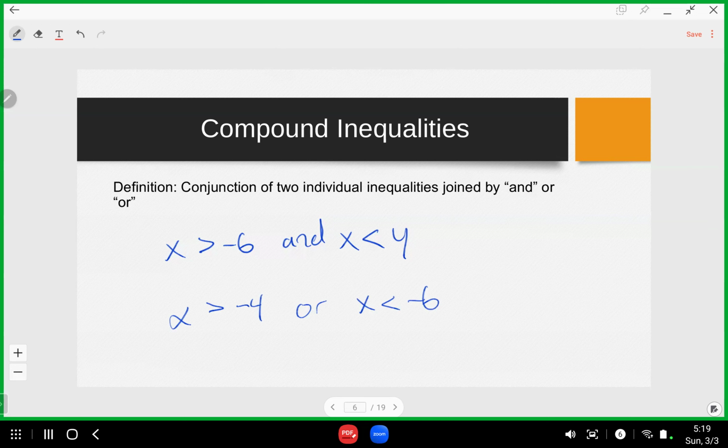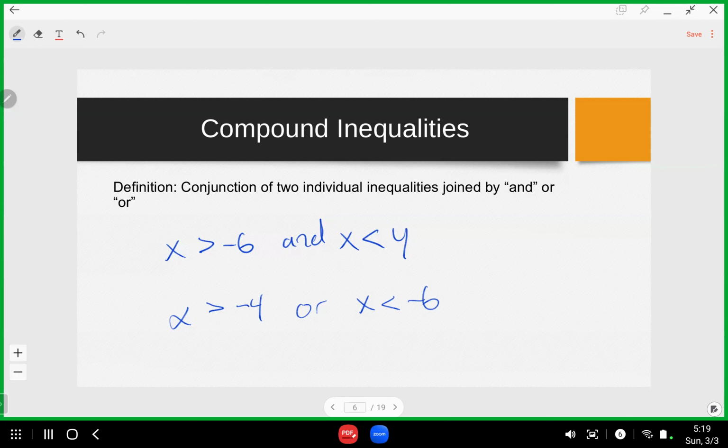X is greater than -4. It could be -3, but -3 is never going to be less than -6. When they can't coexist like this, it is going to be or. So or separates these two inequalities, right?